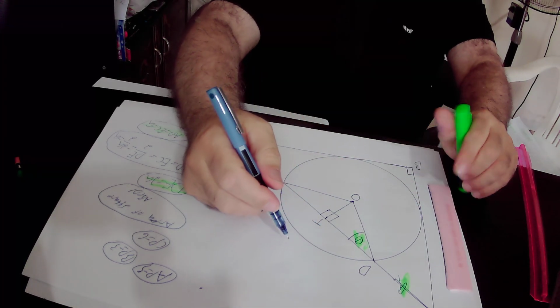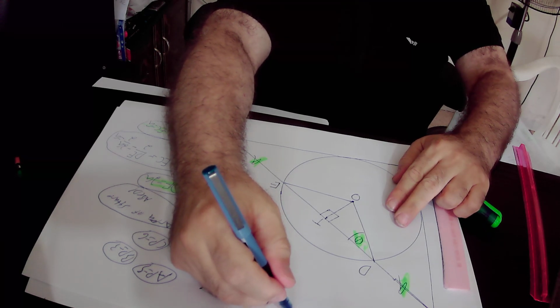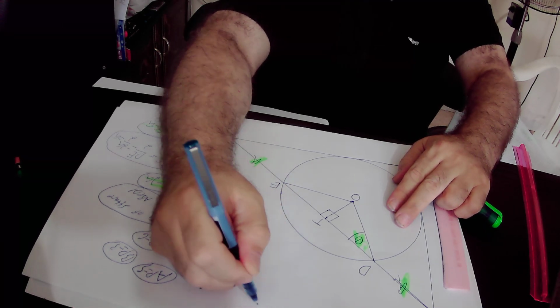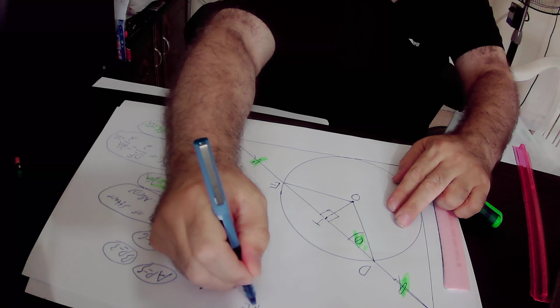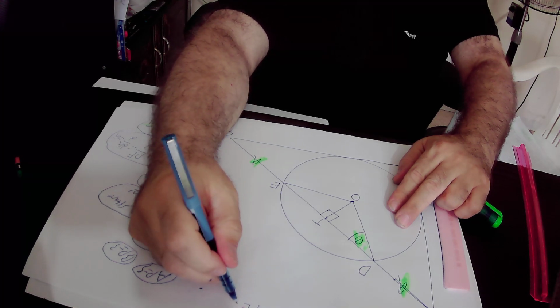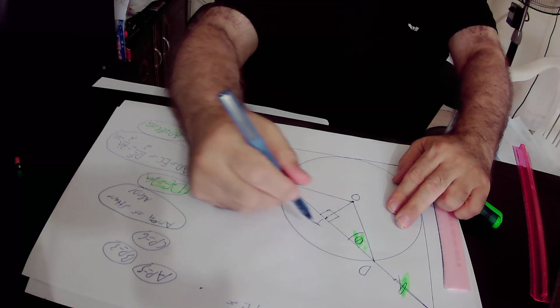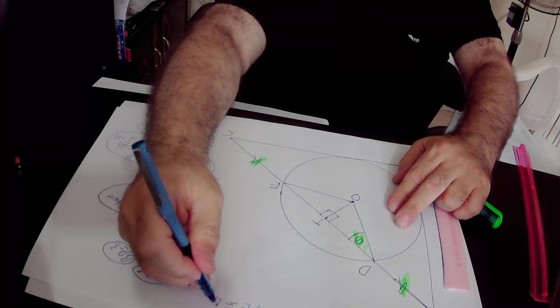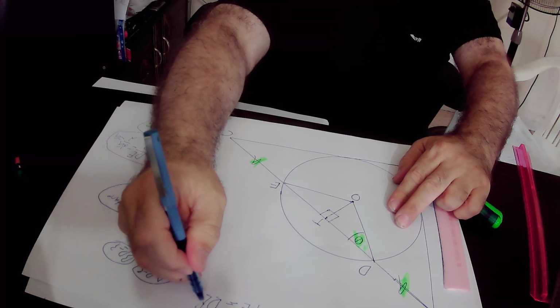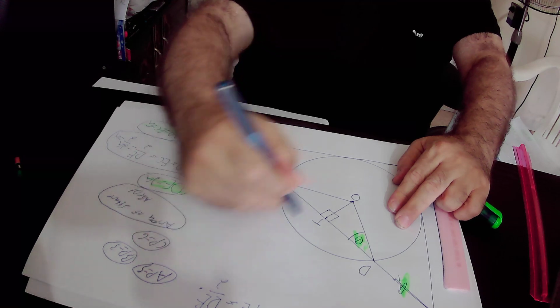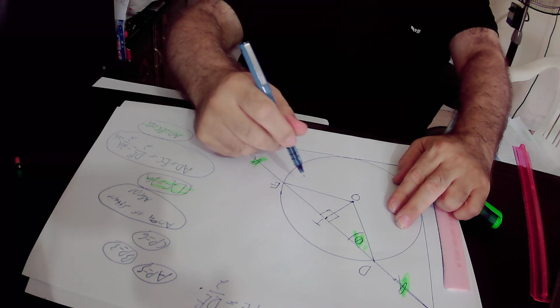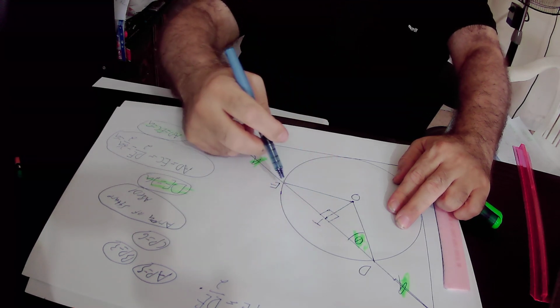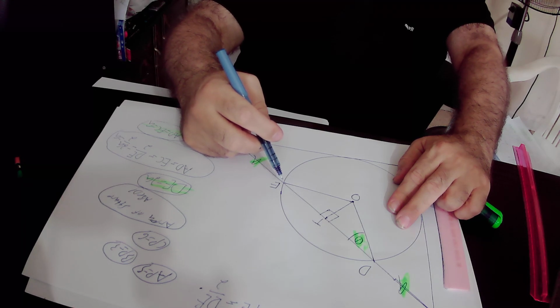We'll get that DT is equal to TE, and DT is equal to DE over 2, and TE is also equal to DE over 2 because chord DE is bisected into two halves.